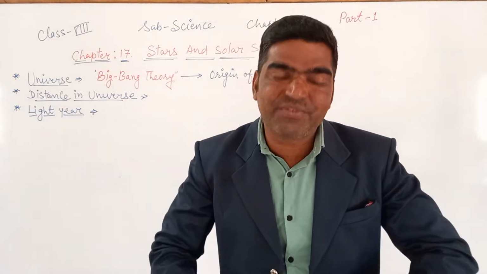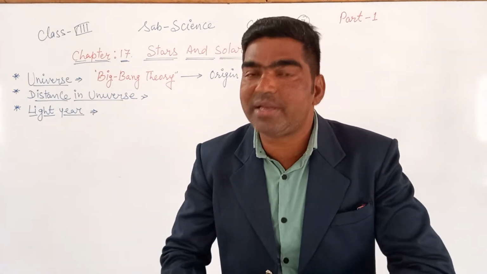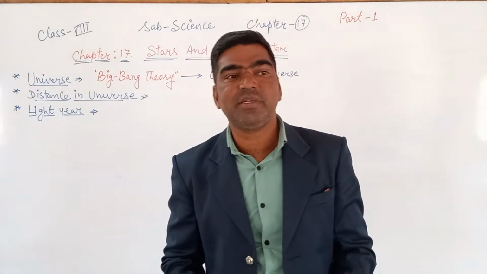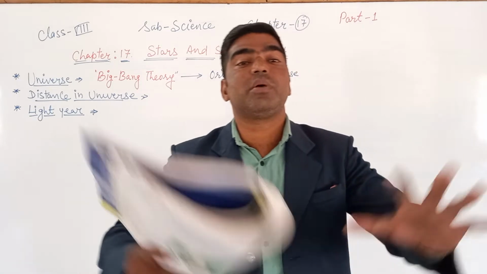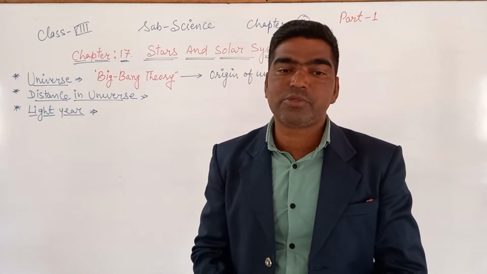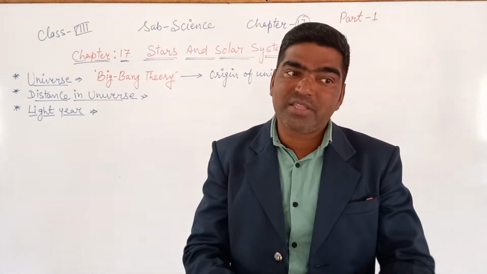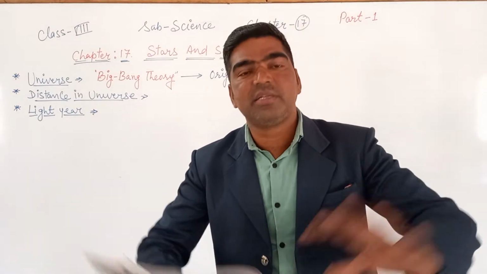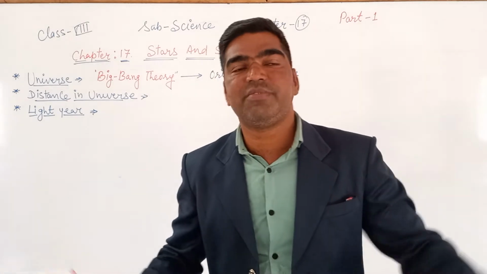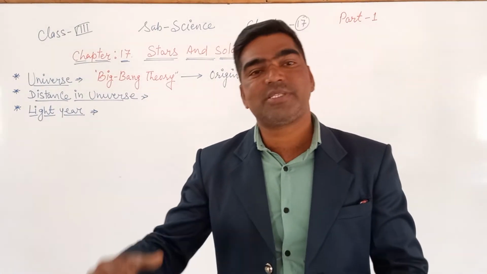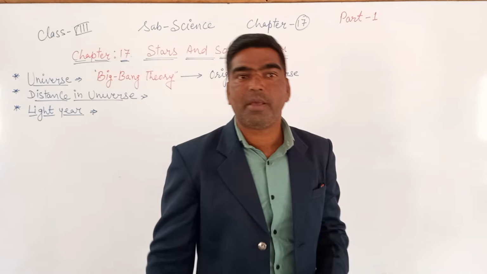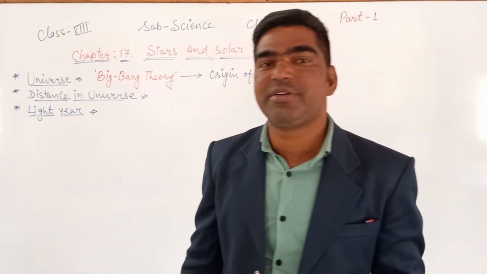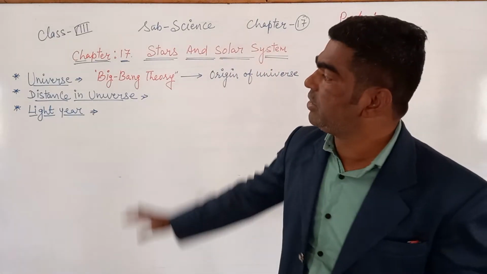A big explosion, a big bang happened, and because of it the planets split into different planets. There was a huge mass ball, and by the huge explosion it split or broke down into the different planets, asteroids and meteors. Now we discuss the universe in more detail.